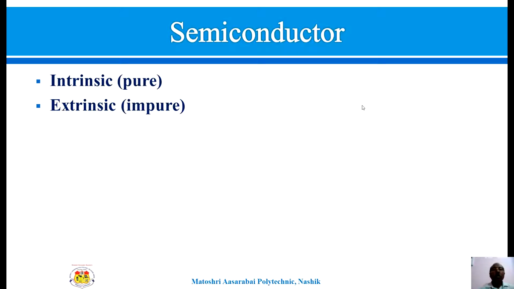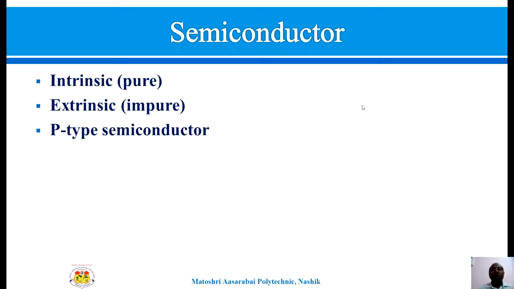In the case of pure semiconductors, the number of holes is equal to the number of electrons. While adding an impurity in a pure semiconductor, it becomes an impure semiconductor, or it is called an extrinsic semiconductor. The process of adding impurity in a pure semiconductor is called doping.